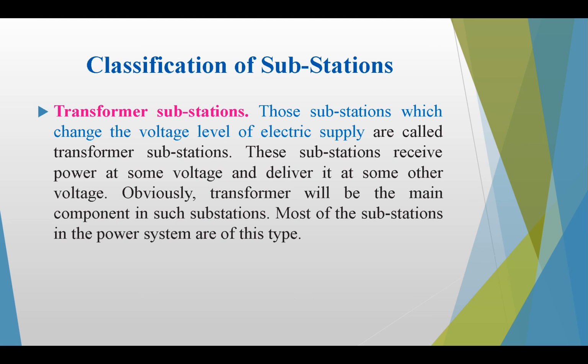These substations receive power at some high voltage and deliver it at some other, low voltage. So as I told you, the transformer will be the main component in such a type of substation, and most of the substations in a power system are of this type.